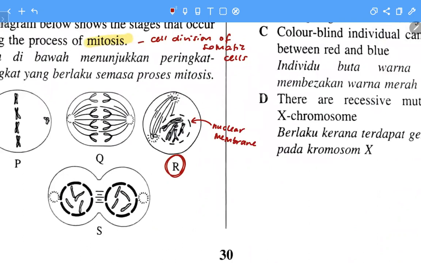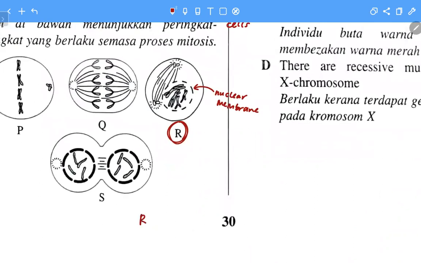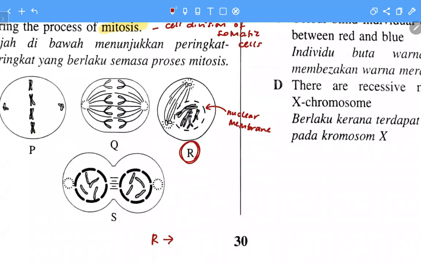Okay, so R is actually the first step. So I'll put here R first. Next, you also see there is a spindle fiber formation. So this is actually called a spindle fiber. No, sorry, it's not spindle fiber. Spindle fiber is this one. And then this is actually the centrioles. Right?